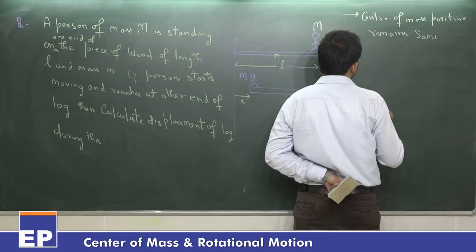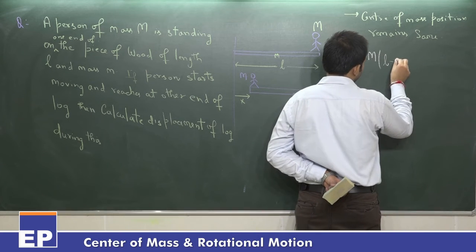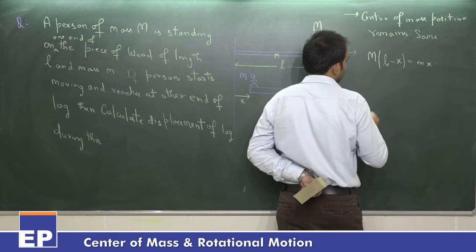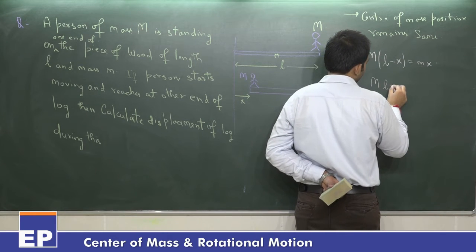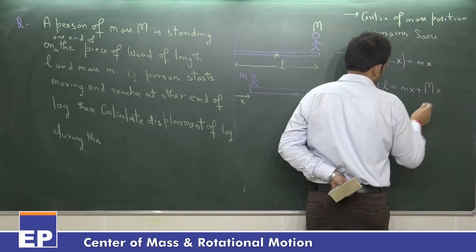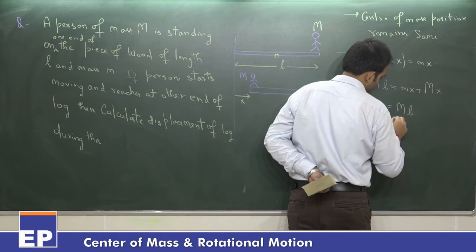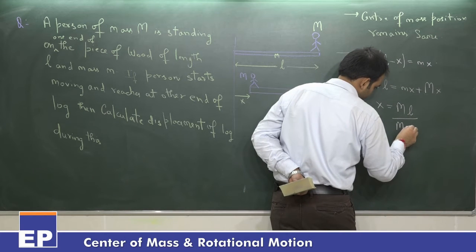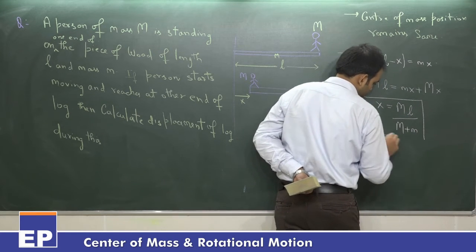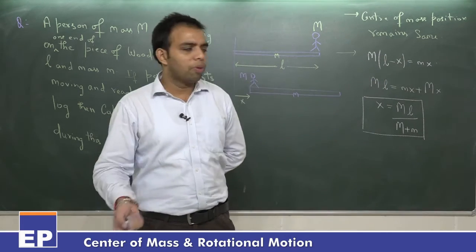So to keep the position to be fixed, you can say that is capital M into L minus X, that is equal to small m into X. That is capital M into L, it is equal to small m into X plus capital M into X. So what is the value of X? X equals capital M L divided by capital M plus small m. Is it clear? So it will become like this.